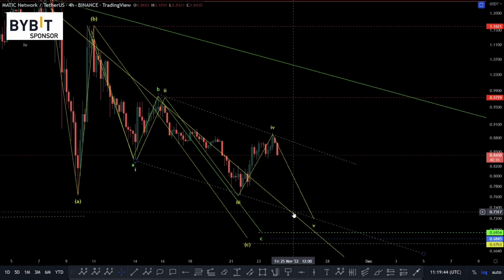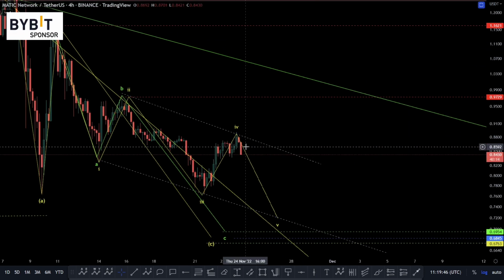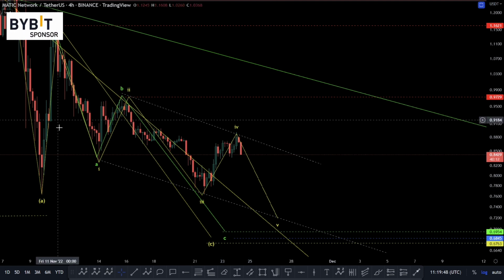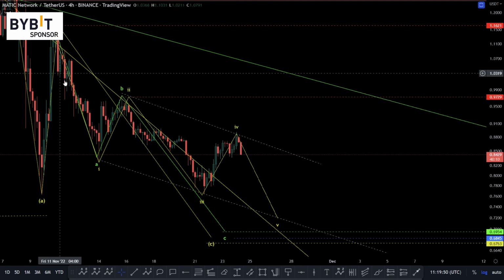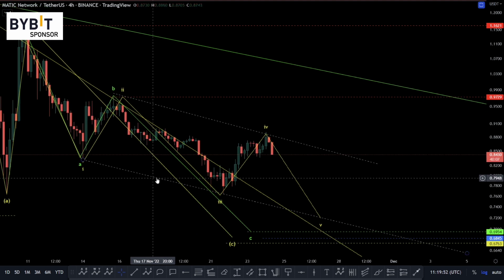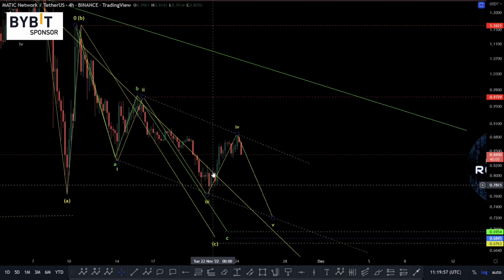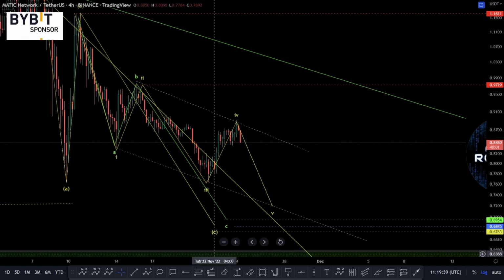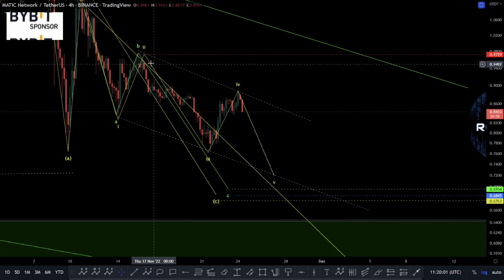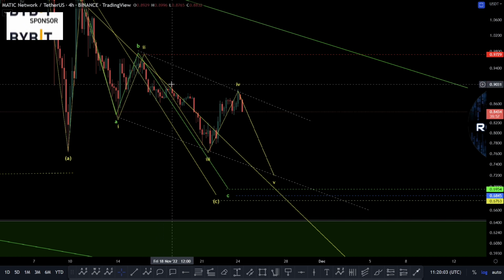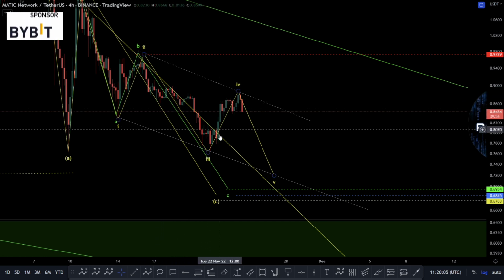So upon completion of this, provided that it doesn't start to form extensions, because that's the tricky thing at the moment, a lot of this is left open to interpretation, and we could have some extensions within this. What I mean by that is we've got a 5-wave move here, and then a 3-wave move to the upside, and then a 5-wave.